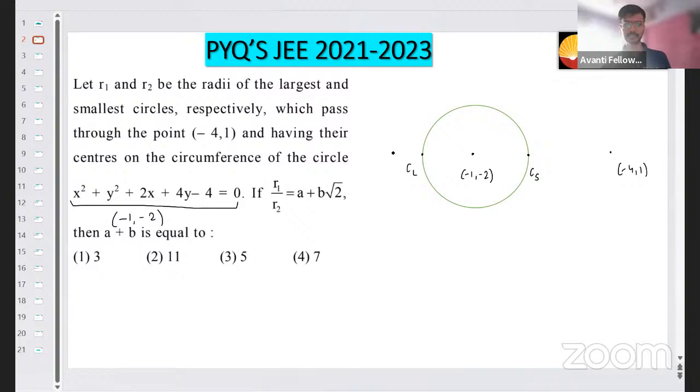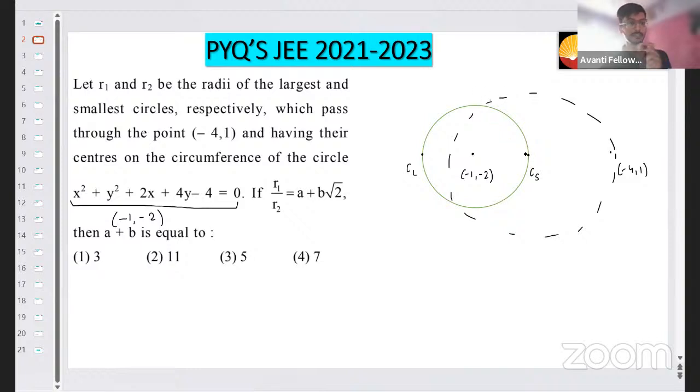Let me explain it once again. This is the given circle on which the centers of two circles lie, and both of those circles pass through this point. It will be very difficult for me to draw the diagram, so I hope you can understand. If the center lies here, then I can draw a circle somewhat like this.